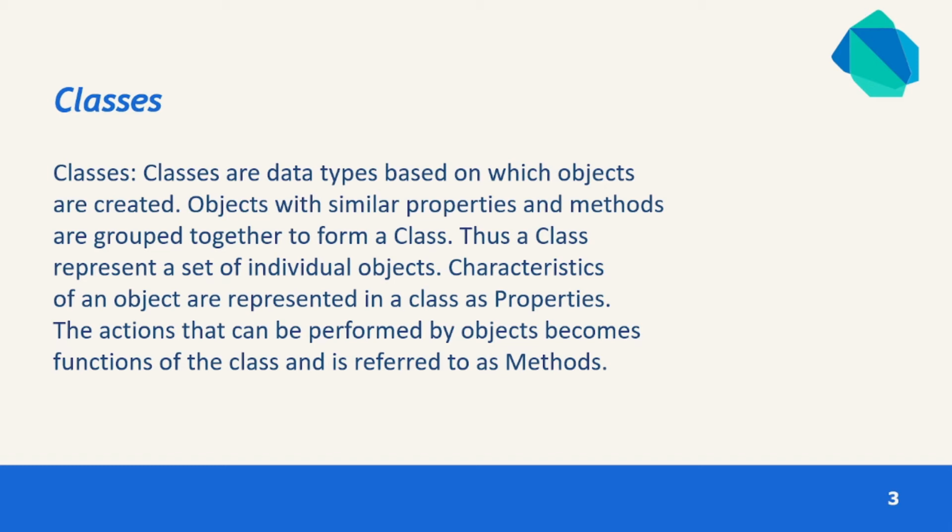For example, if I have a class of student, then what are the properties of student? The properties would be student name, student roll number, student age, student father name, and anything about the student which is related to the student can be counted as a property of student.